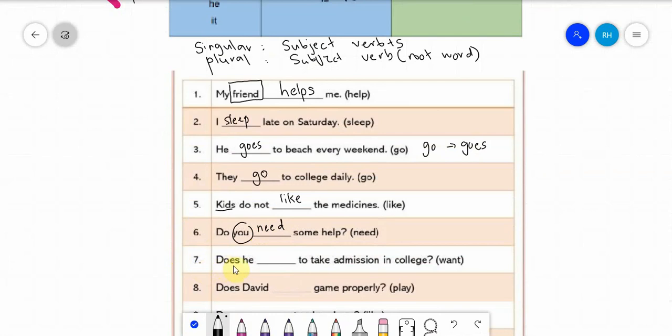Number 7. Does he want to take admission in college? Okay, class. For these questions, the first part, the subject is he, which is singular. Which one is the verb for this subject? The verb is does. The second verb acts as root word. Does he want? We don't have to put s for the second verb.